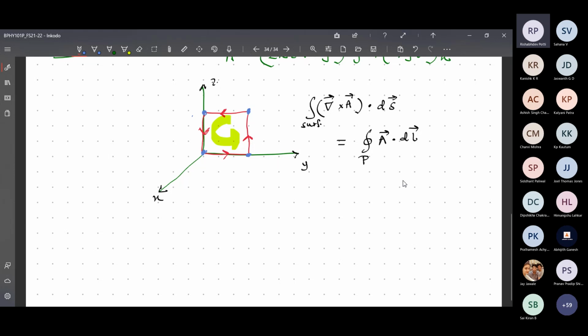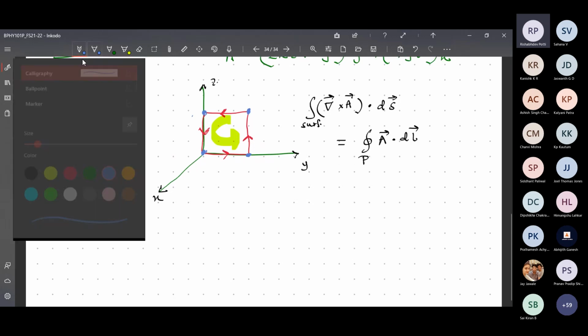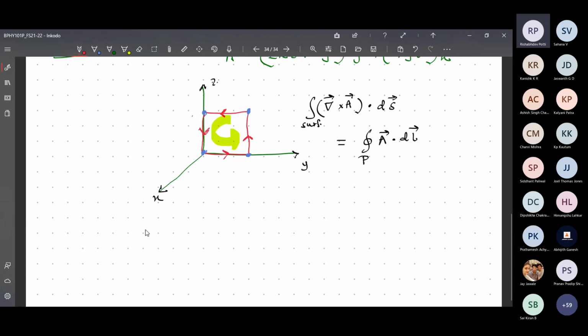Suppose I have a surface region. Again, I'll show you pictorially. I have a surface region like this, where the fluid flow is going in small circulations like this, like vortices on a river or rafting in a stream.